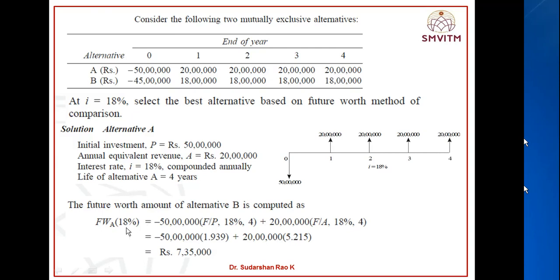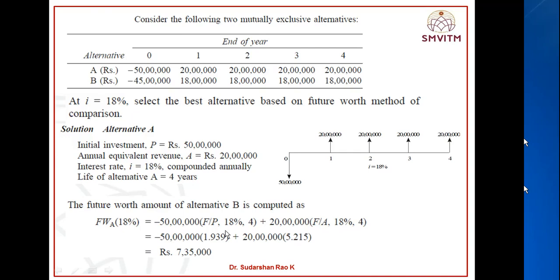So FW at 18% interest equals minus 50 lakh into F by P, that is, the present value converted to the future, F by P 18% 4 years, plus the annuity, 20 lakh into F by A, 18% 4.